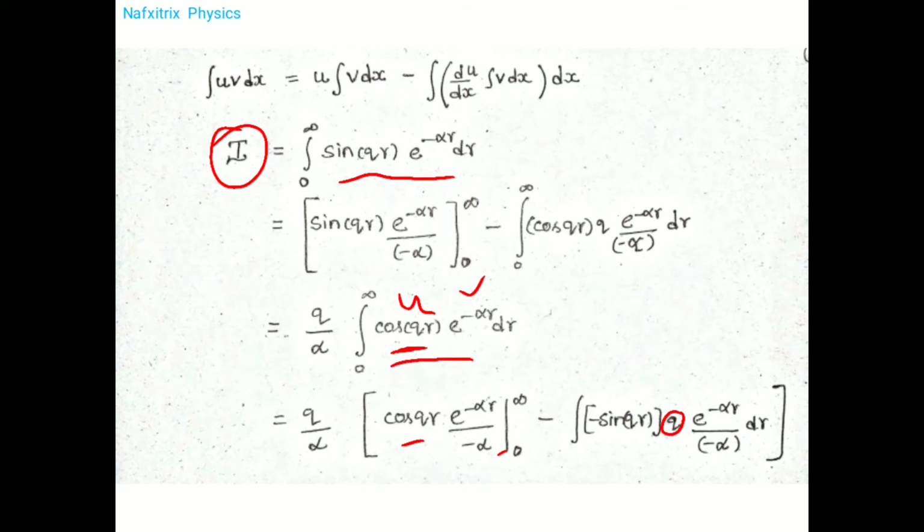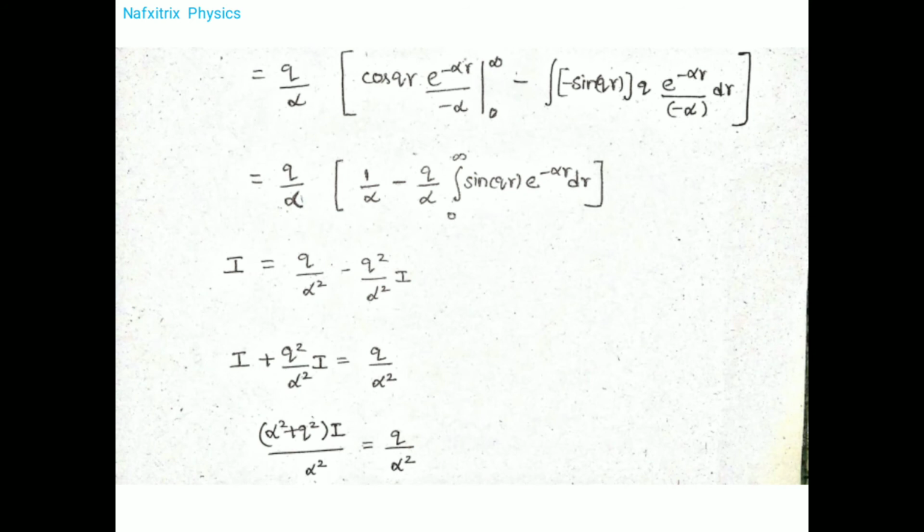And next, integration of v dx is nothing but integration of e power minus alpha r, which is e power minus alpha r by minus alpha. So finally, this minus and minus would get cancelled, which is nothing but plus. So here finally minus would be remaining, and sin qr into e power minus alpha r dr.